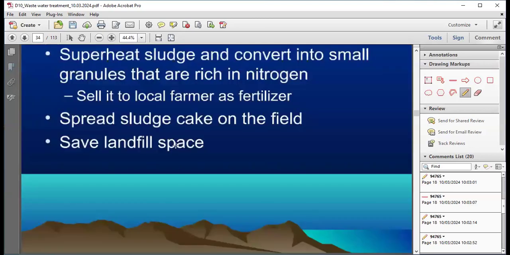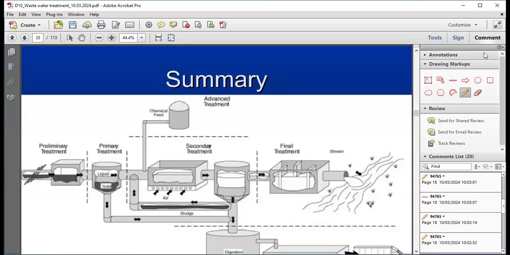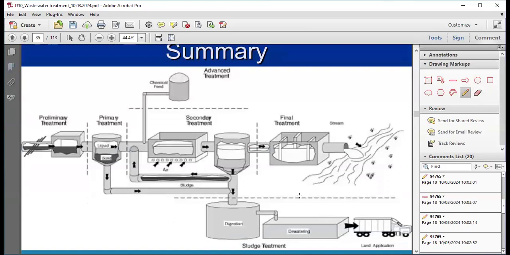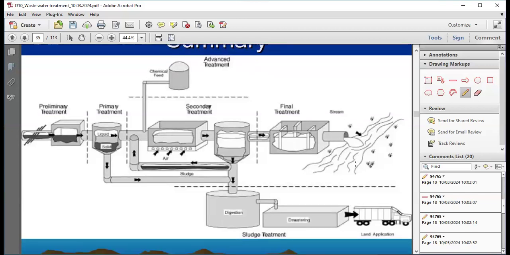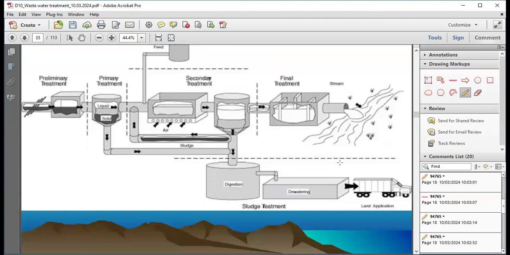This is the advanced treatment. Preliminary treatment, primary treatment, secondary treatment, final treatment, right? This is digestion. Digestion, you normally hear that word, like stomach digestion, the food digestion.